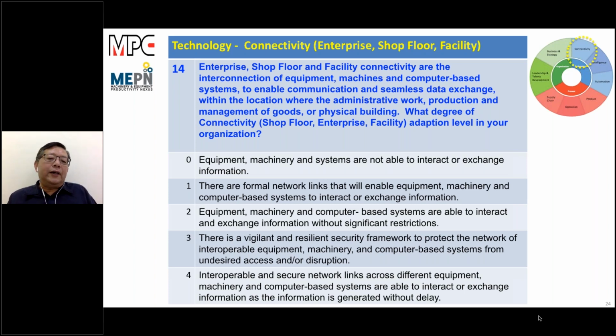Then number 4 is interoperability, a secure network link across the different equipment, machinery, and computer-based systems able to interact and exchange information generated without delay. Means that your network communication has no delay. It's direct, meaning real-time communication.